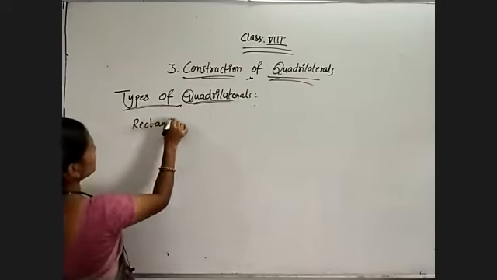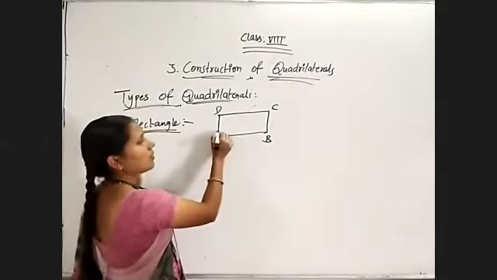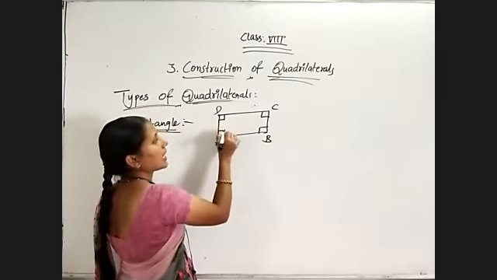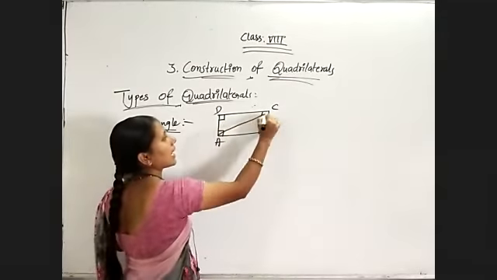A, B, C, D. For a rectangle, all angles are equal to 90 degrees and diagonals are also equal. They bisect each other. And next, opposite sides are equal and parallel too.